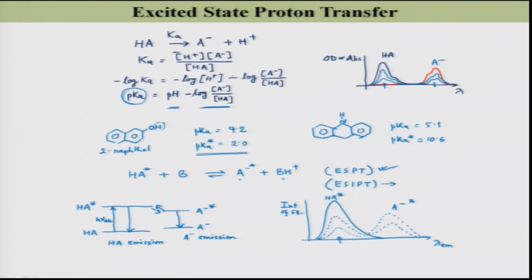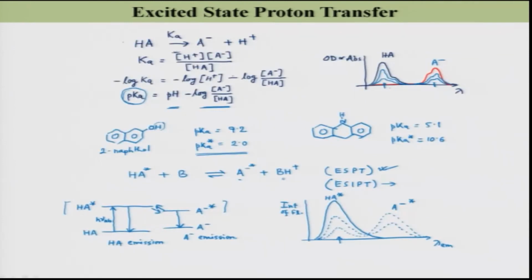So, if I just simply write this equilibrium, this part, let me write it. So, here my equation is HA star is converting to A minus star plus H plus, right. You see this equation and the earlier equation are very similar, only that was in the ground state, but this one is in the excited state.